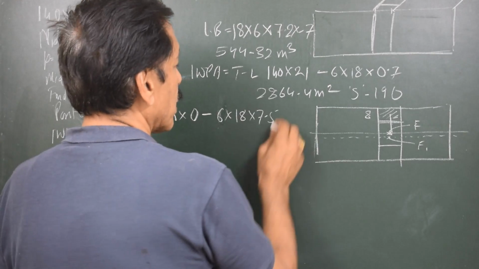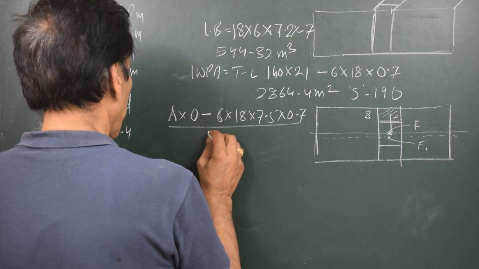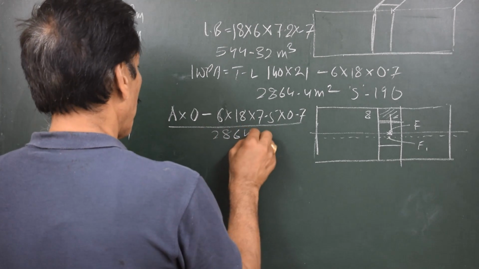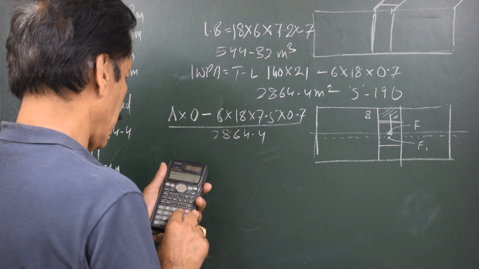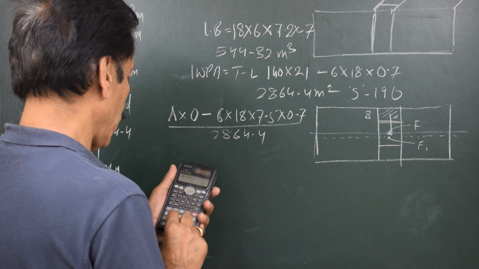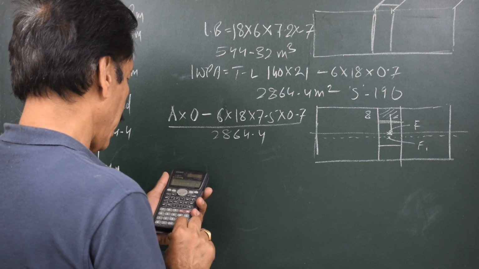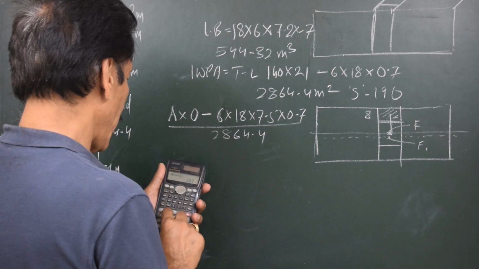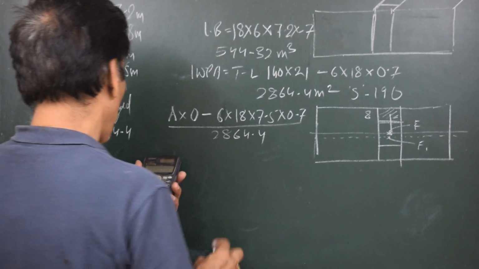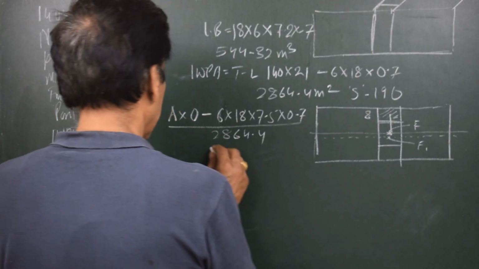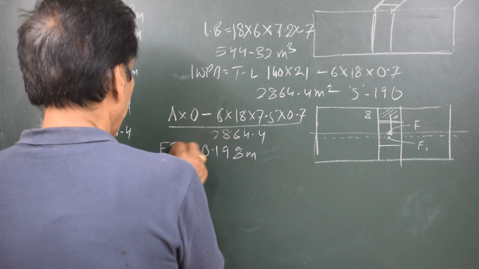But the permeability is 70%, so multiply by 0.7. This is divided by the intact waterplane area, 2864.4. So FF1 is 6 into 18 into 7.5 into 0.7, divided by 2864.4, to give me FF1 as 0.198. 0.198 meters is the FF1.